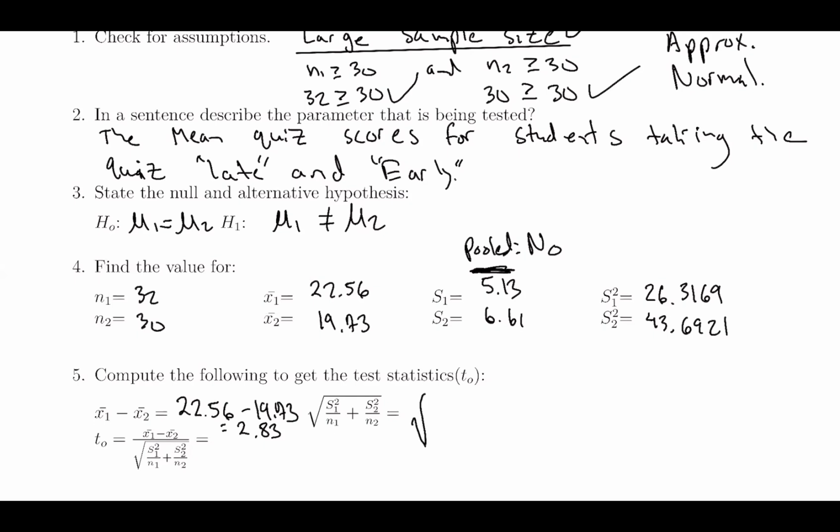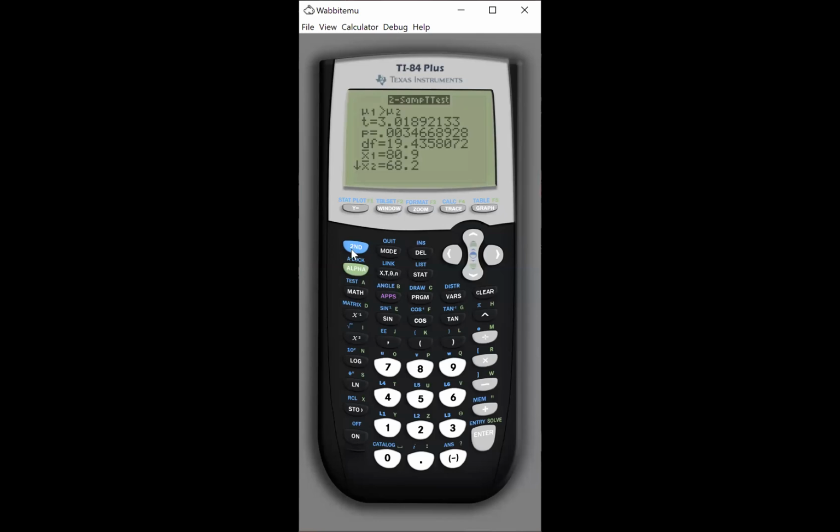So it's the square root of 26.3169 divided by N1, which is 32, plus 43.6921 divided by 30. All right, let me do that on the TI-84. For the TI-84, we go second, radical.